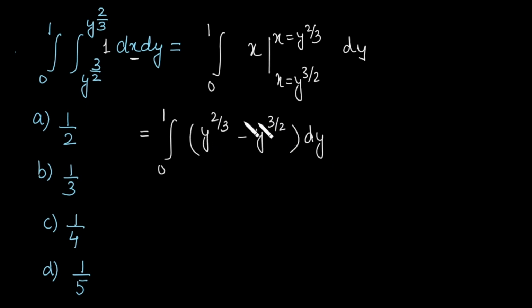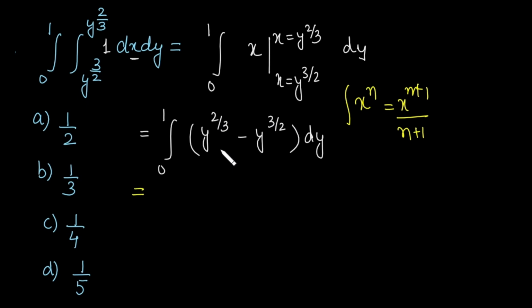Now integrate with respect to y. How to integrate this? This is basically x raised to power n form. What is the integration of x raised to power n? That is x raised to power n plus 1 divided by n plus 1. Same thing you have to apply here, rather than x it is y and rather than n here it is 2 by 3 and here it is 3 by 2.